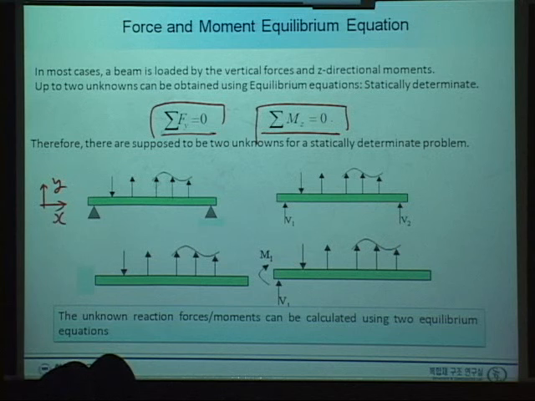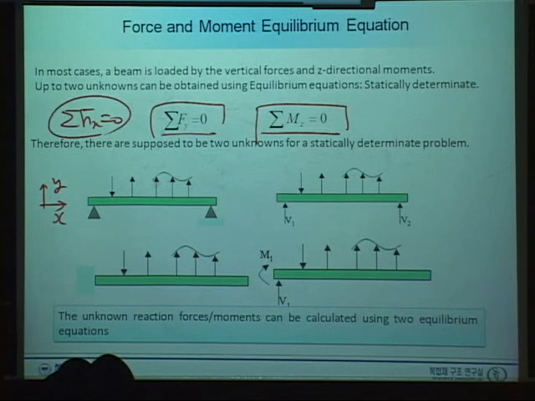And remember, when we calculate the reaction force in a statically determinate problem in the 2-dimensional case, we always have 3 equations: Fx equals 0, Fy equals 0, and moment z equals 0.